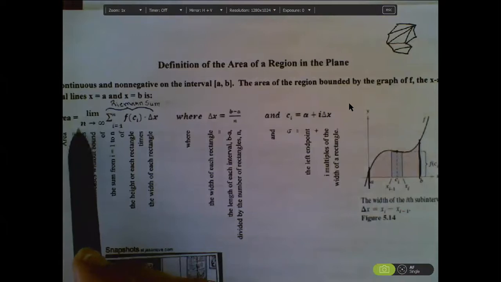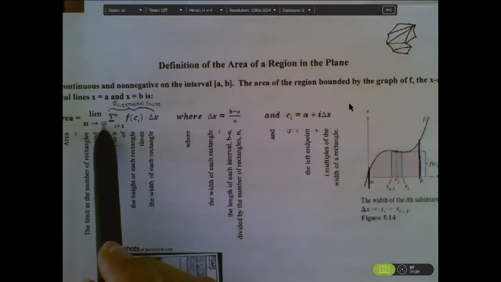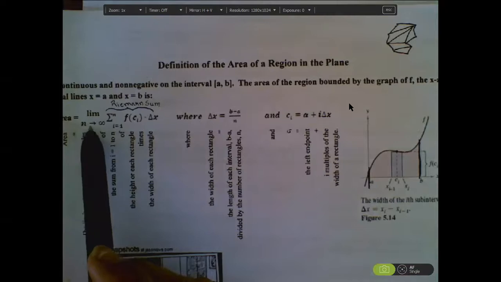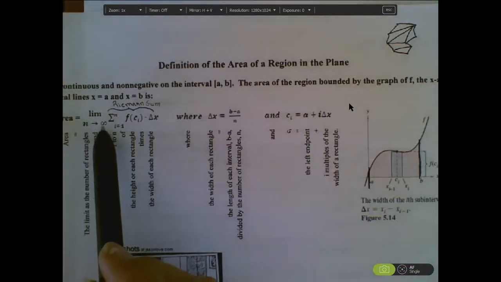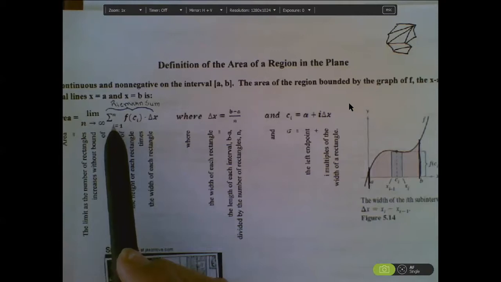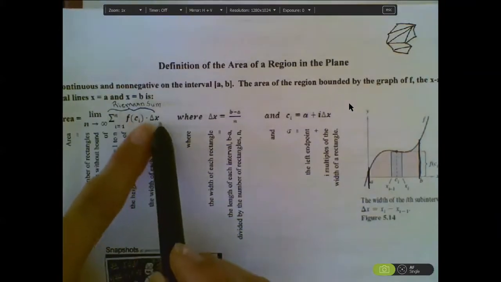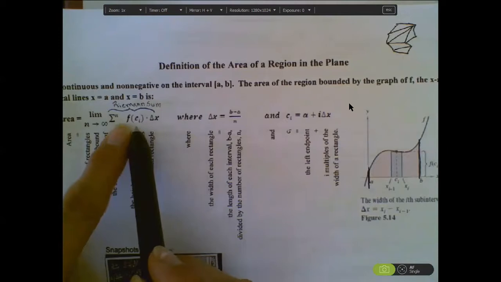Here we're going to use rectangles instead of triangles, but if we let the number of rectangles increase without bound, and we add up the area of each rectangle, the area of each rectangle would be the width of each rectangle times the height of each rectangle.